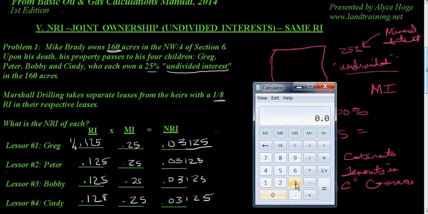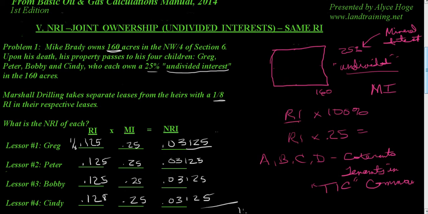Bear with me. We take 0.03125, and what we're doing is we're just multiplying it by 4, 25% each times 4. And that's going to equal your 1/8, 0.125. Okay, so everybody got it.